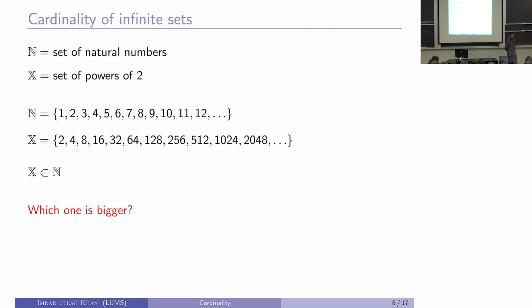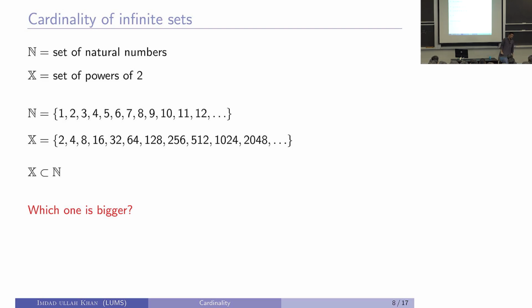This set C is cubes. X is the set of powers of 2. Powers of 2 are even sparser, right? Like I told you, in terms of squares, when I reached from 1 to 100, I skipped 90 of them and selected only 10.